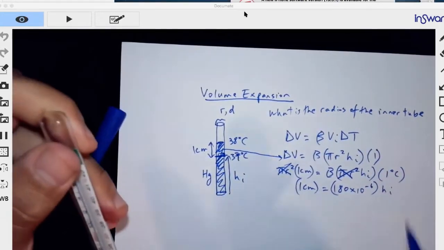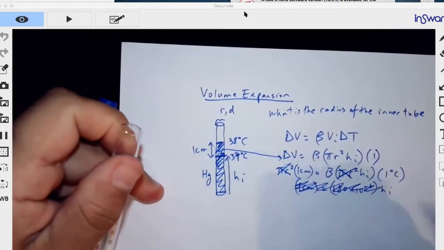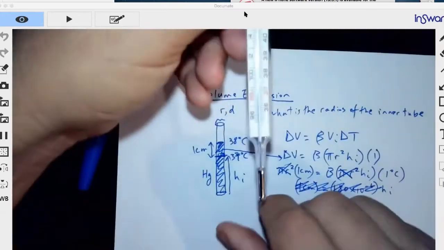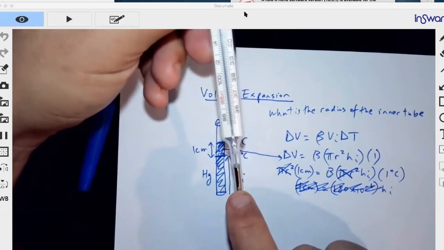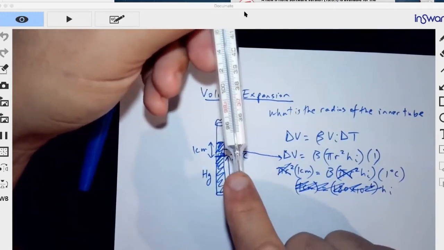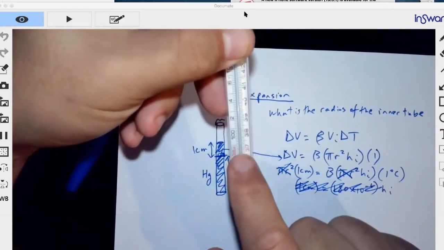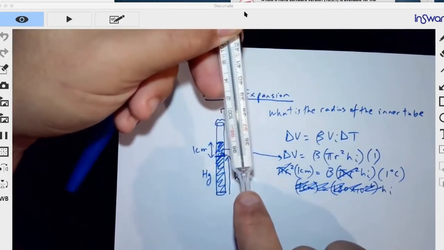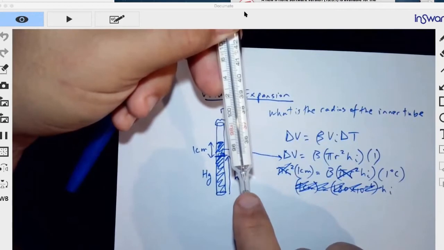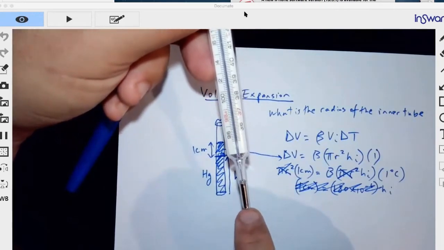No, you know what? It's not realistic for the mercury, because look here, there is a reservoir of mercury down here. So the total volume of the mercury is whatever is here plus whatever is there. You guys see that?